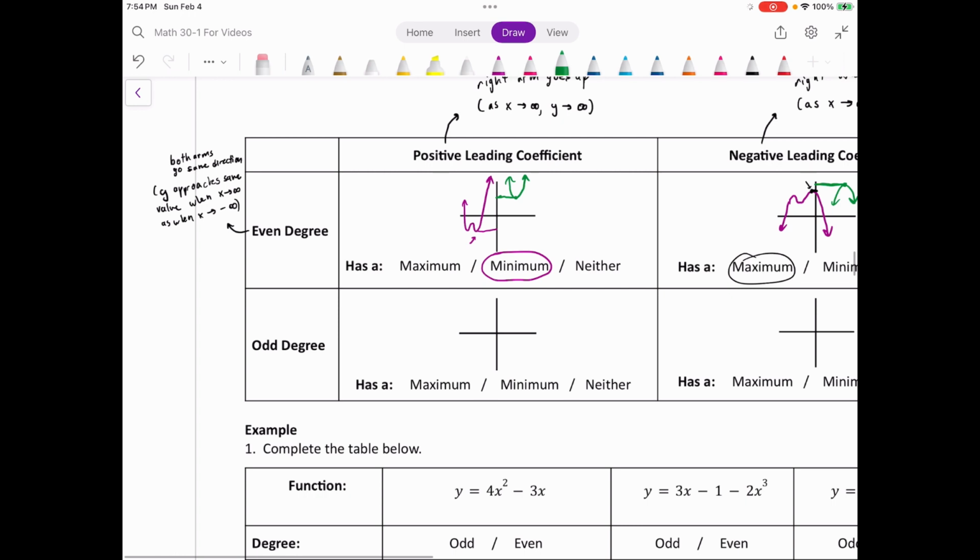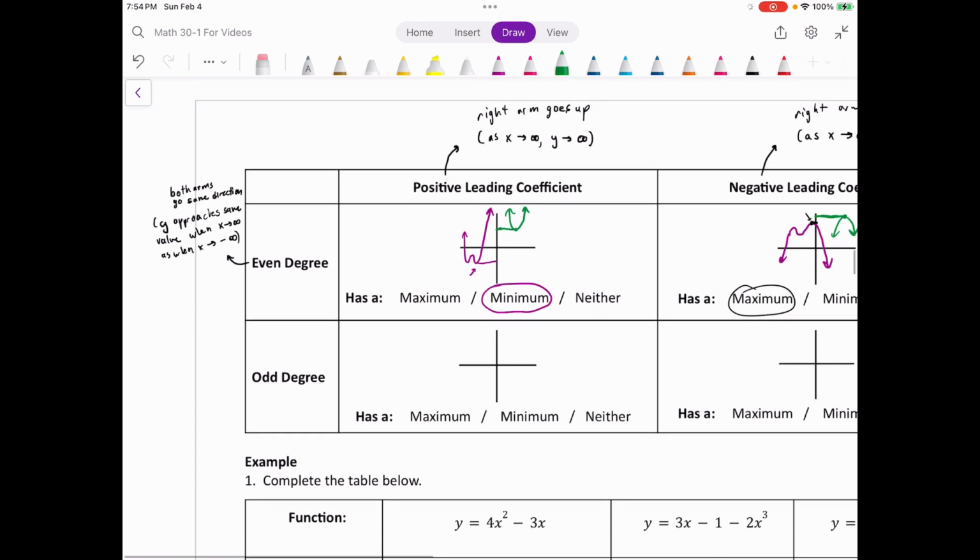Okay, new combination, odd degree, positive leading coefficient. Well, once again, we know that positive leading coefficient tells us the right arm goes up. What does the odd degree tell us? It tells us that arms go in opposite directions, right? Again, not a magical fact.